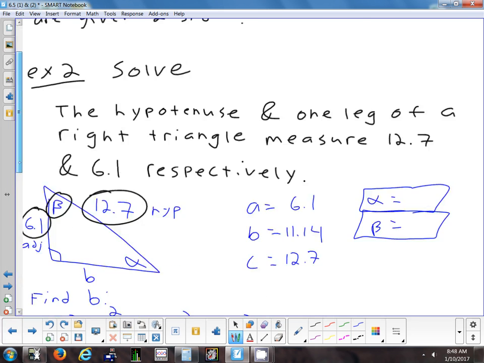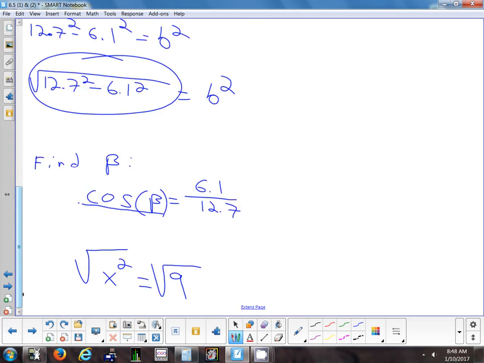So, looking back at this one, my goal here is to get rid of cosine. So what function cancels out cosine? Inverse cosine. So what am I going to do on both sides of this equation? I have to do it on both. You can't do arithmetic with functions. No, you can't multiply both sides by inverse cosine.